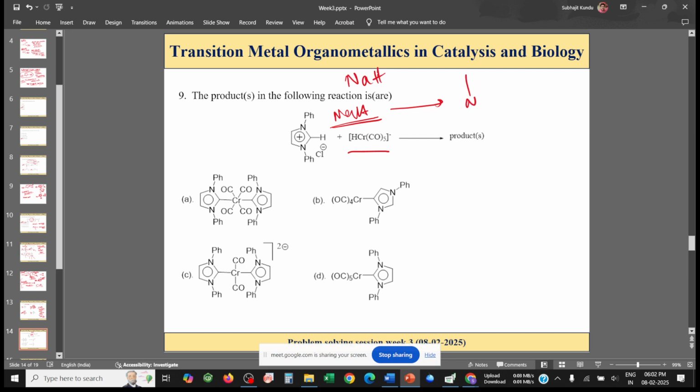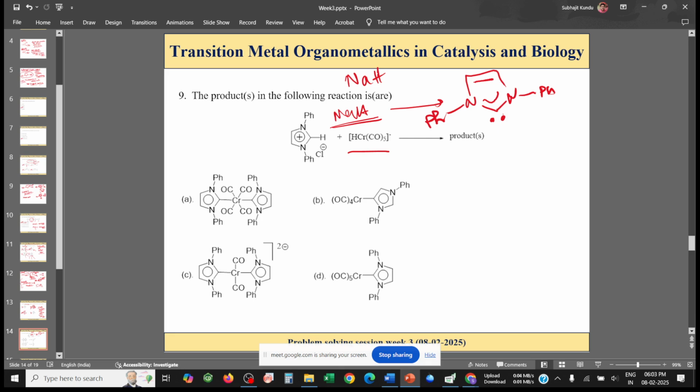So N will be like this, and the carbene will have a lone pair here, which is resonating or stabilizing by these two nitrogen.